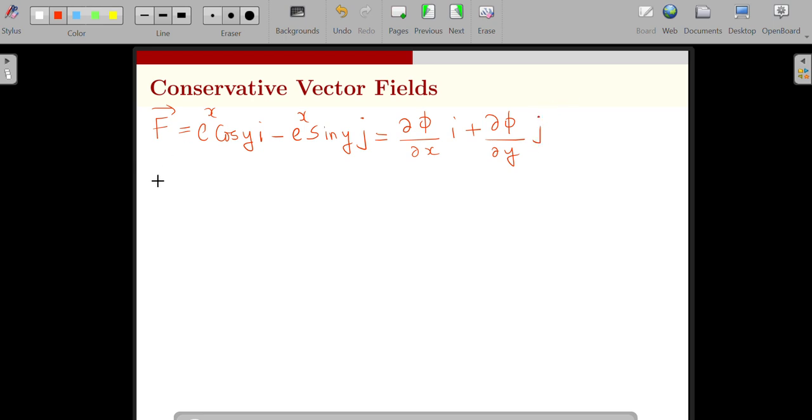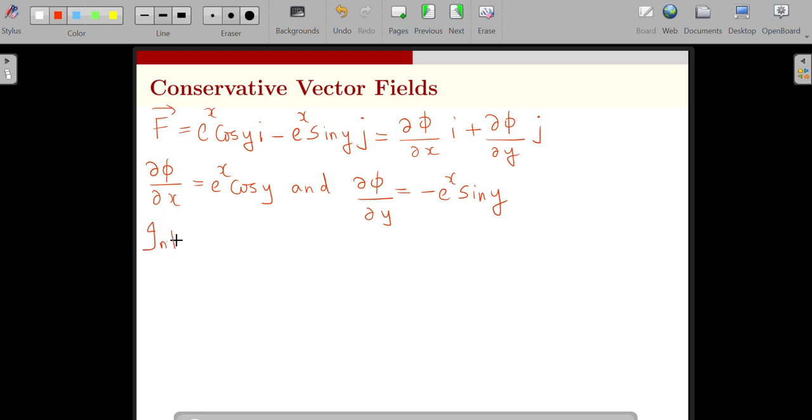So equating the corresponding components, you obtain ∂phi/∂x is equal to e^x cos y, and ∂phi/∂y is equal to minus e^x sin y. So just as in the previous problem, what we have to do is to integrate either ∂phi/∂x with respect to x or ∂phi/∂y with respect to y.